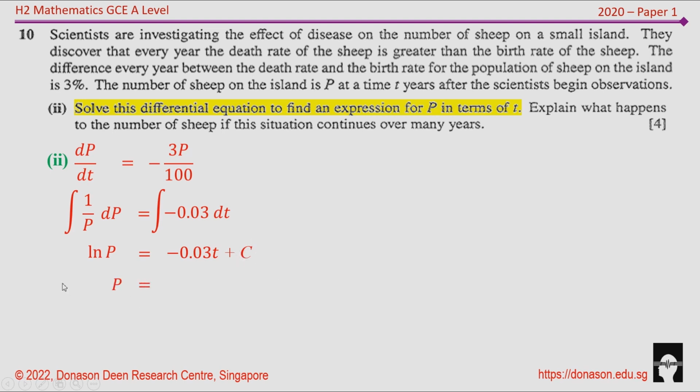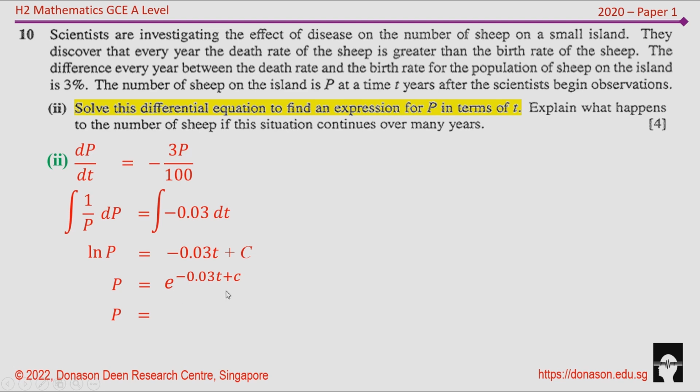Therefore, if you want to make P the subject, ln means log to base e, so I'm going to bring the e across to the right hand side and this becomes the power. So it will be e to the power of negative 0.03t plus c.